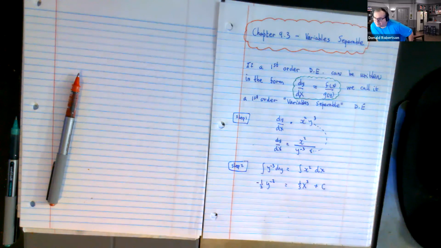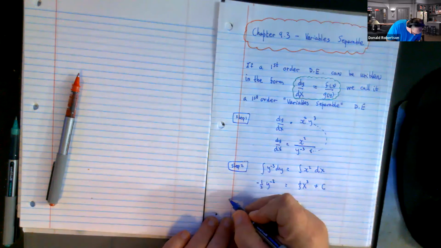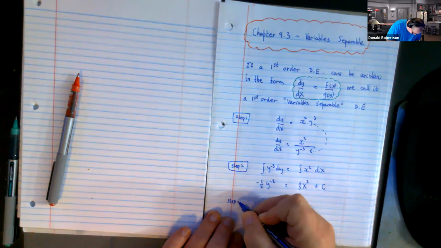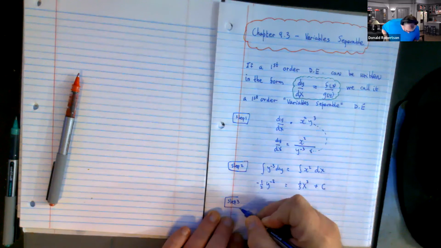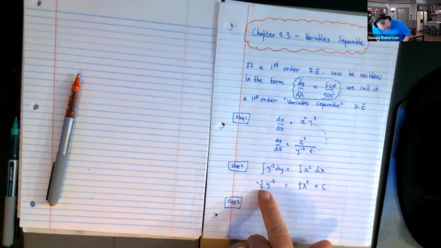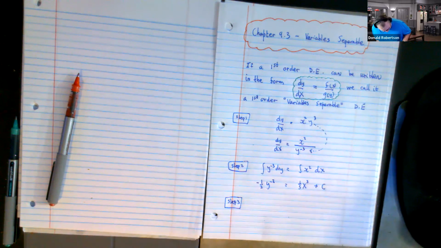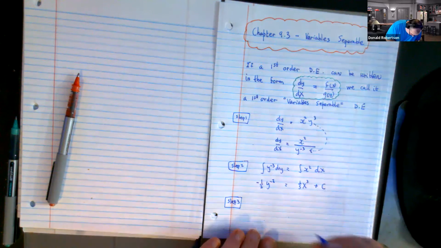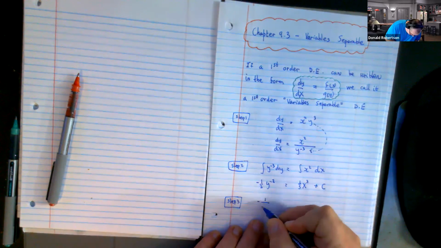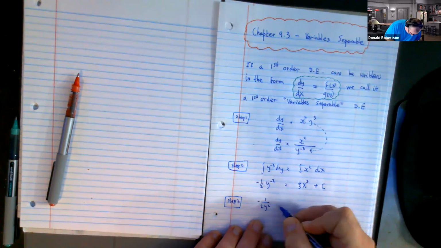Would you agree that we now have the solution, but maybe not in a very pretty format, right? What we have to do in step 3, and that can sometimes be the biggest step, is we have to make this, if at all possible, into the format y equals a function of x. So first thing I'm going to do is not very clever.